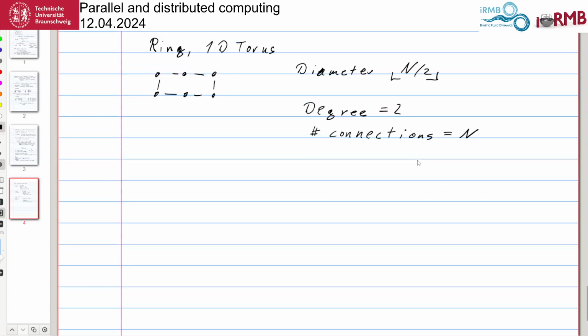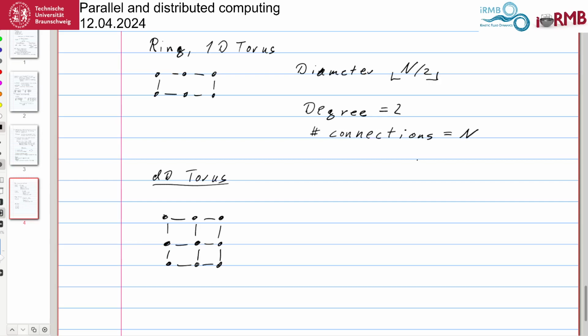So then we have a multidimensional torus, a d-dimensional torus. Now I have to do a little bit of drawing. Say we have connections like this. There are no diagonal connections here.